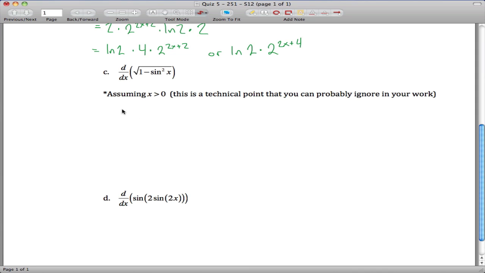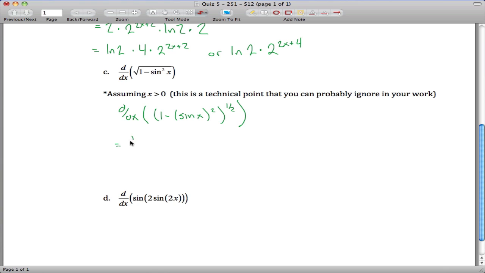The derivative of this big mess, I think it might help to view this as the derivative of 1 minus sine of x squared, that's what sine squared of x means, raised up to the 1/2 power. Right, so I know this is a lot of parentheses here, but I think if you write it like this, it's a little bit easier to use the chain rule on.